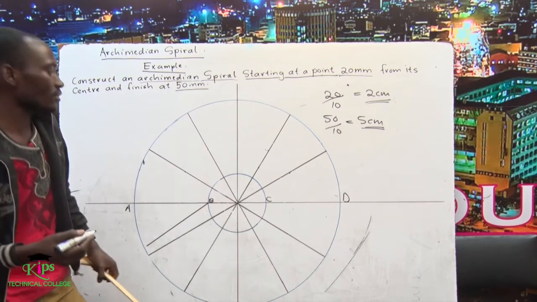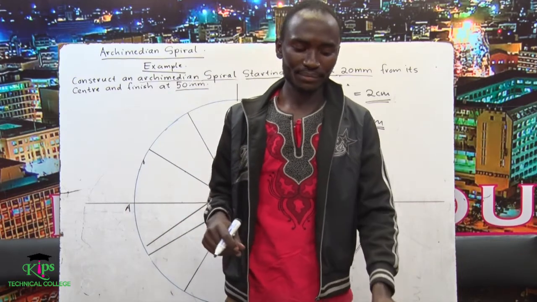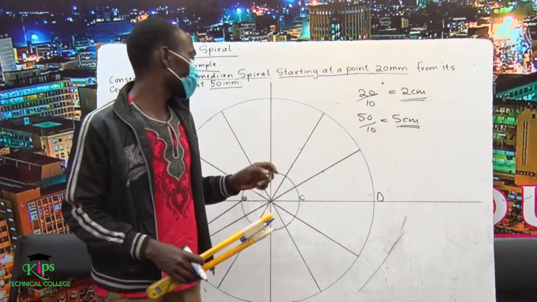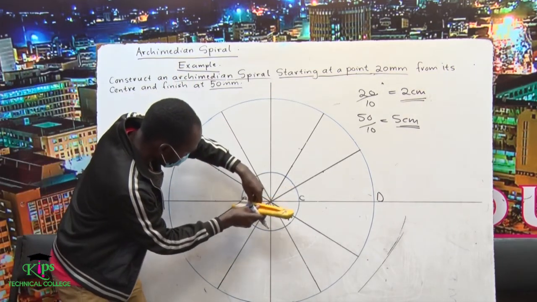So using the method of subdividing a line into equal parts, to subdivide this line into equal parts, you'll use your pair of compass.